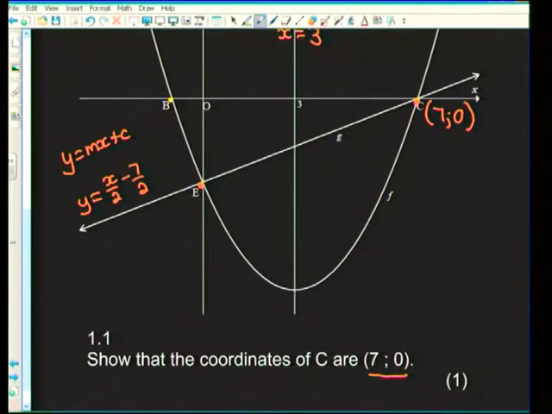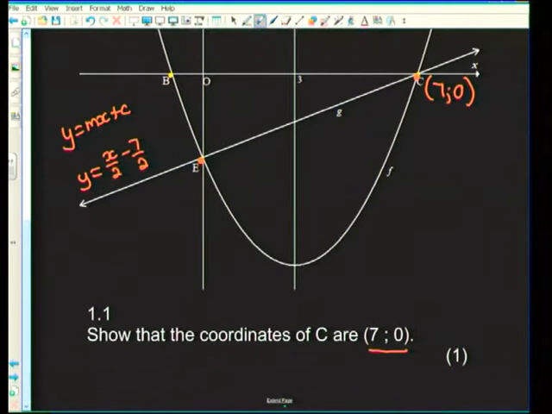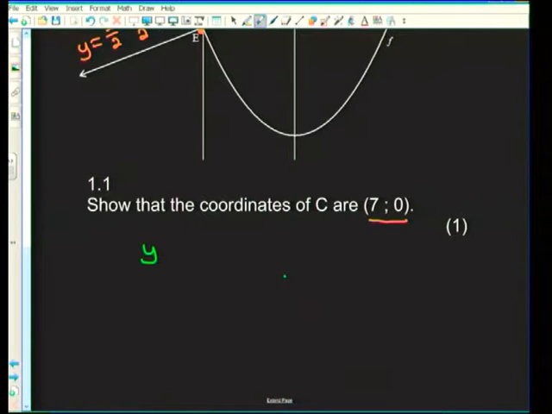So what I want you to remember, that over here, this would be where x is 0, and this is where y is 0. So right, let's get another color pen just so we don't mix up the different bits of work. Right, so let's have a look how we're going to do that. We do have the equation. Let me just take the page up a bit. It's y equals x over 2 minus 7 over 2. And we want the x-intercept.